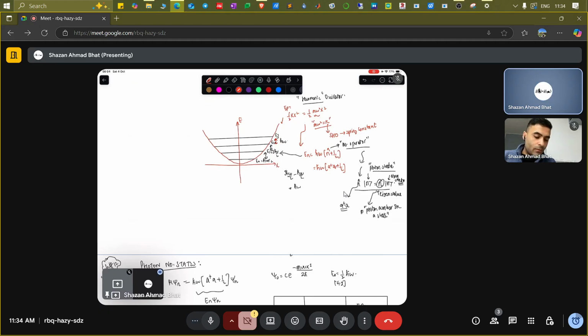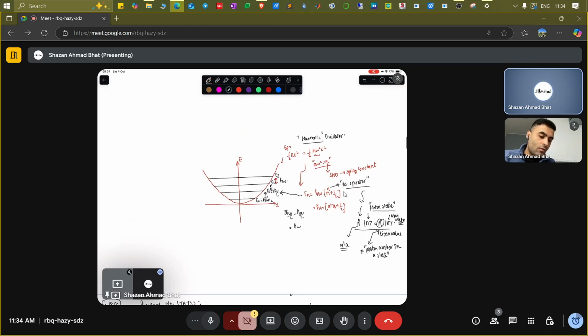This equal spacing is important because if you go on studying these oscillator problems, most of the time the oscillator in a realistic scenario is an anharmonic oscillator.